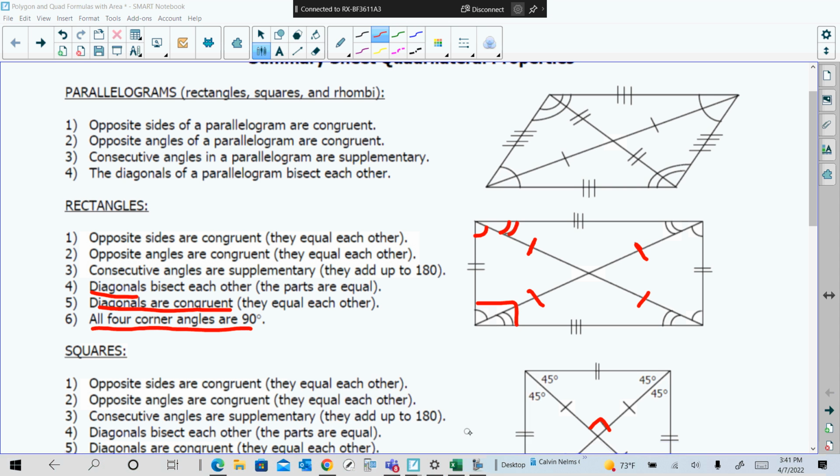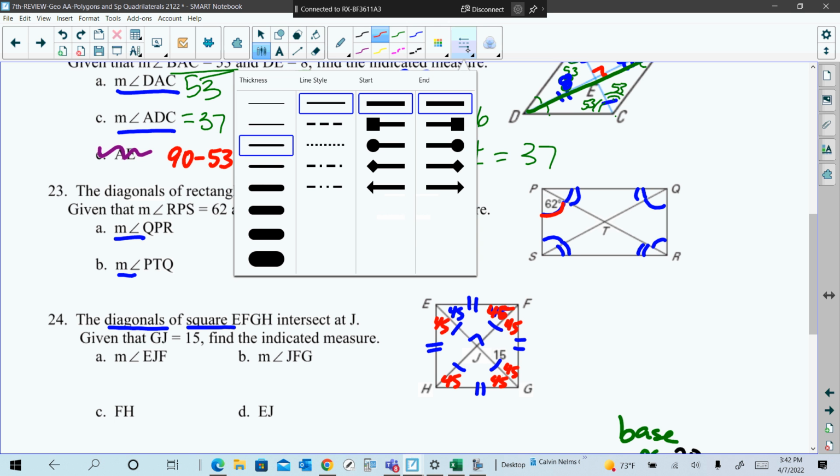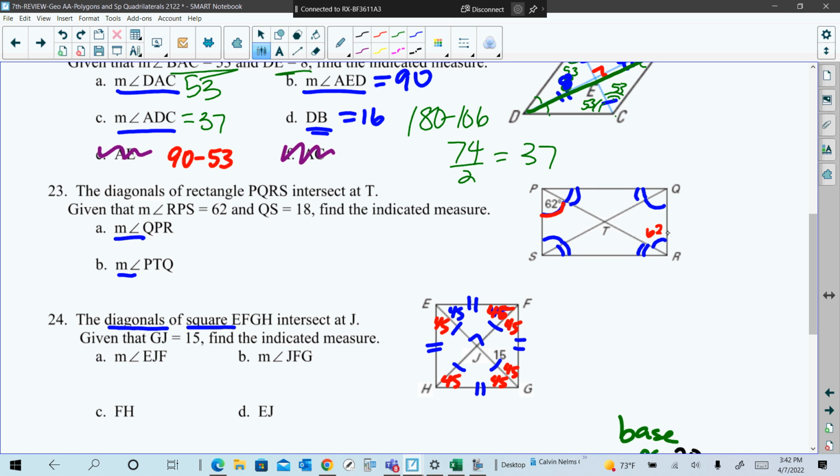So when I go to my picture here, I'm going to do a single arc, double arc. Every one of them is going to be like that. So I could have a double arc, single arc, double arc, double arc, single arc. I'm just basically tracing the same pattern from the summary sheet. So right here for my single arcs, those are 62. So I know everywhere I had that single arc is going to be a 62. Okay. Oops, not there. Sorry.